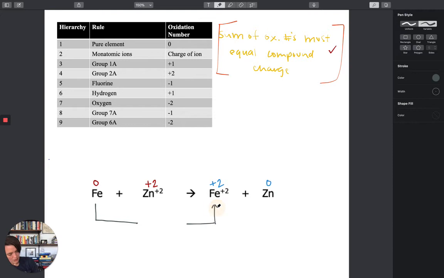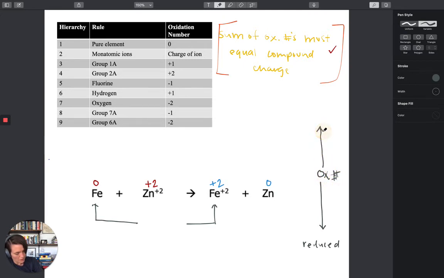So you can think of this as like a continuum, right? Where 0 is something that's totally neutral. And as your oxidation number goes down, you are going to be reduced. So if your oxidation number goes down, you were reduced.